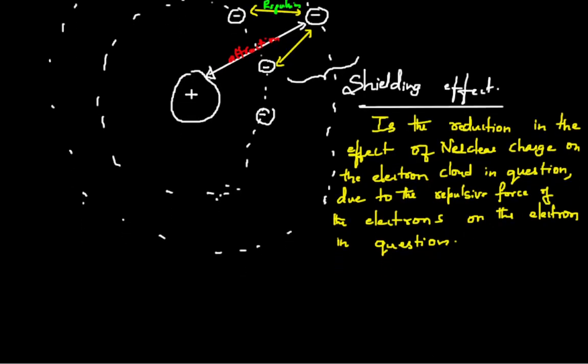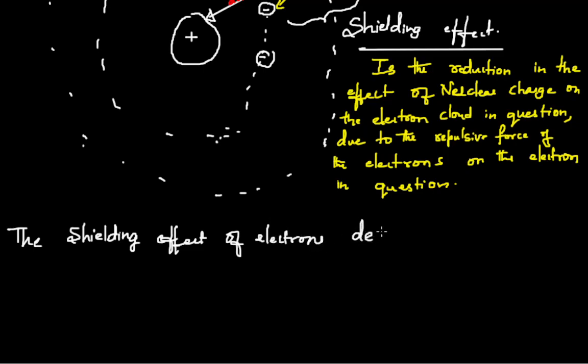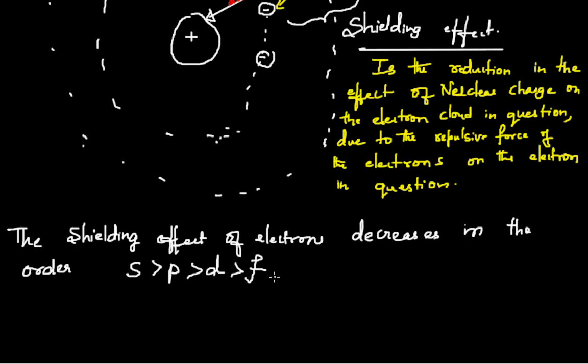Okay. Now, what is it that you need to know? The new thing here is the shielding effect of electrons decreases in the order s orbitals greater than p orbitals greater than d orbitals greater than f orbitals.